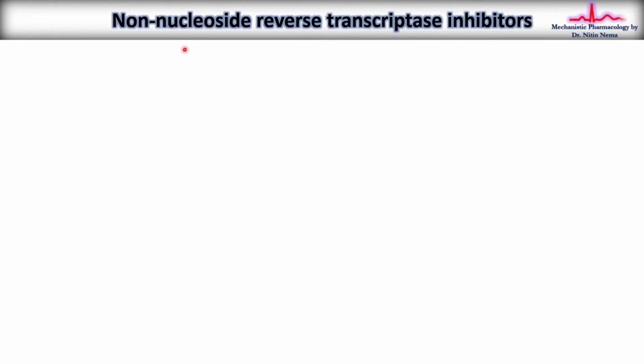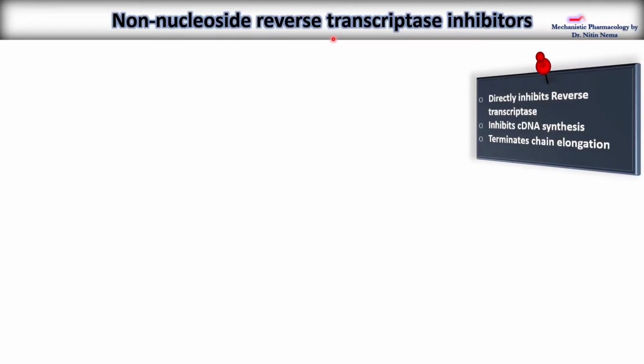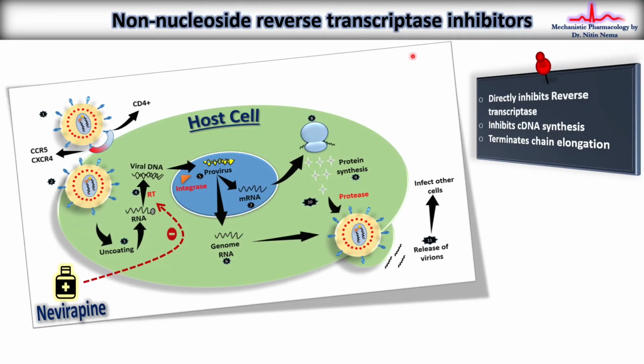Now, the next category against retroviral infection is non-nucleoside reverse transcriptase inhibitors. Friends, these drugs directly inhibit the enzyme reverse transcriptase. They do not require intracellular phosphorylation, and therefore they directly inhibit this enzyme called reverse transcriptase and thus inhibit complementary DNA synthesis, and therefore it terminates the elongation of the chain. This is one of the potent drugs used against HIV infection.